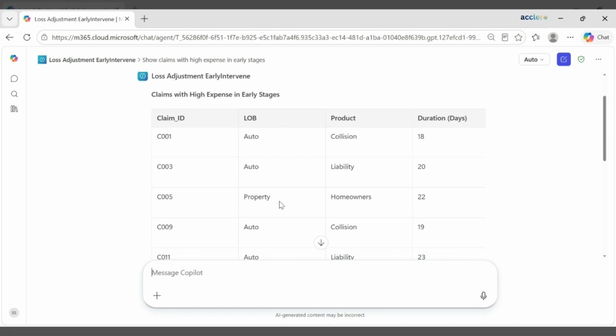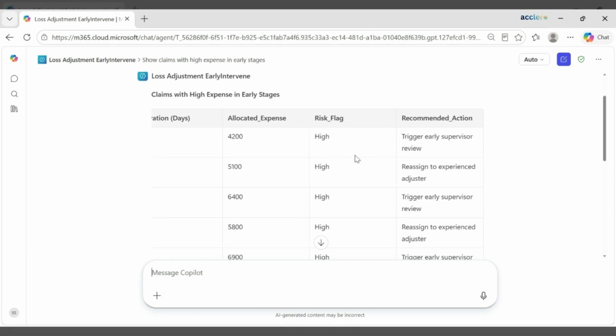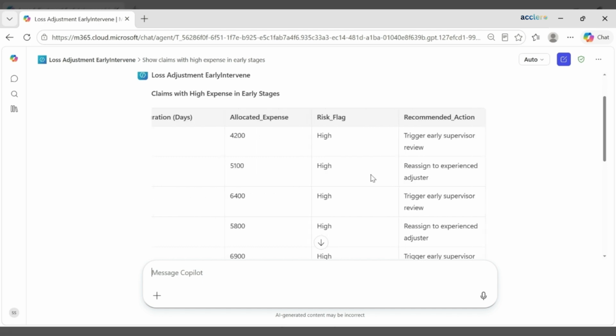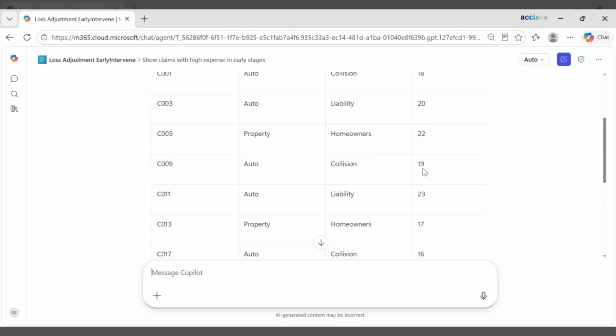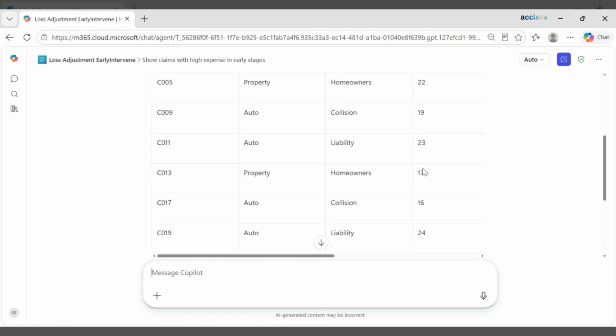We can see the rising expenses combined with some duration, then some risk flag and the workload level, and they already suggested actions like cost containment and supervisor review. So the agent highlights these cases early, enabling the teams to act before the expenses escalate further.